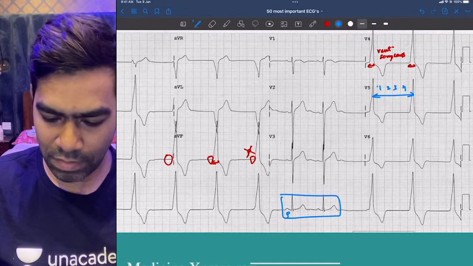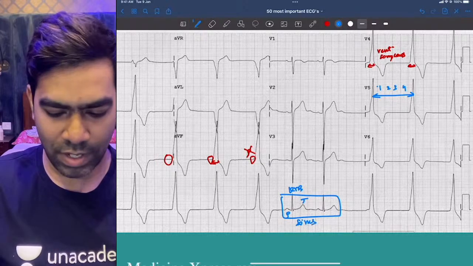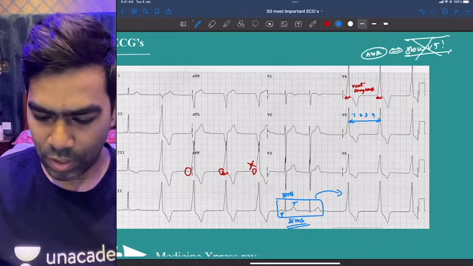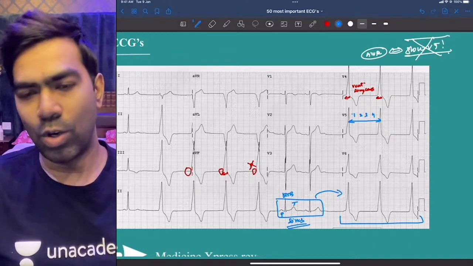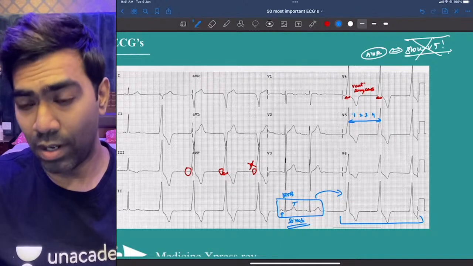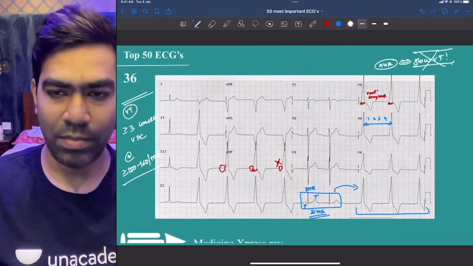As you can see, this is a P wave, this is a QRS, this is a T wave. So this is the place where you're having sinus rhythm. But once you cross this place, you're having only ventricular premature complexes, but they are coming at a normal heart rate. So that's why it's called AIVR, accelerated idioventricular rhythm.